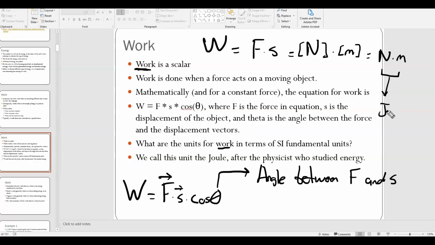They called that joule. So 1 Newton meter is equivalent to 1 joule. But that's how you would take a quantity like work and figure out what are the fundamental units that make up that quantity. So 1 joule is 1 Newton meter. You basically take the equation, you plug the units into the equation, and we've seen that before. So pause there, make sure you have this added to your notes.